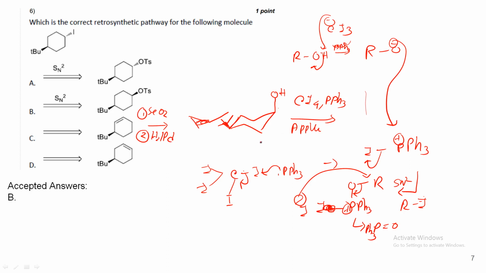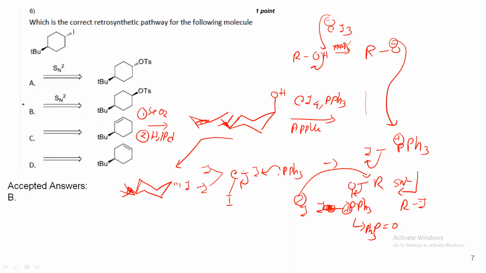That's why I discussed the Appel reaction conditions. If we do the Appel reaction here, the product that we would get would have the iodide below and it would be above. So this can be one of your paths if you want to make this to this.